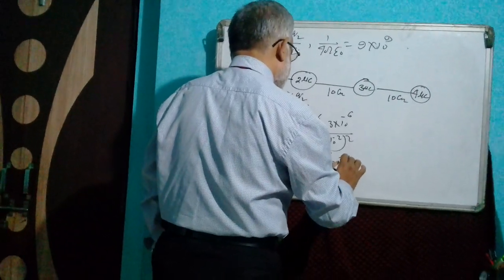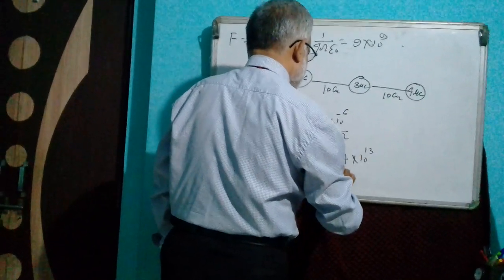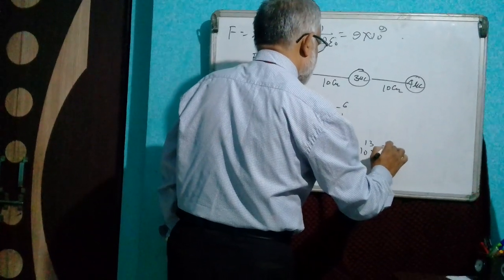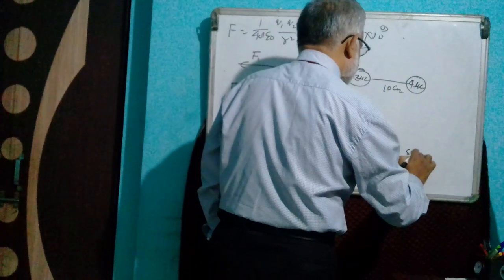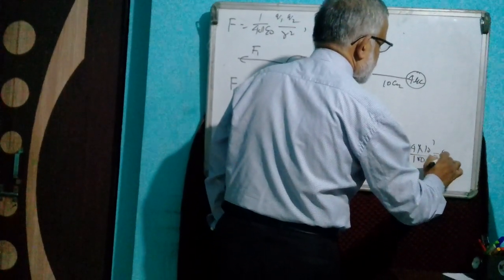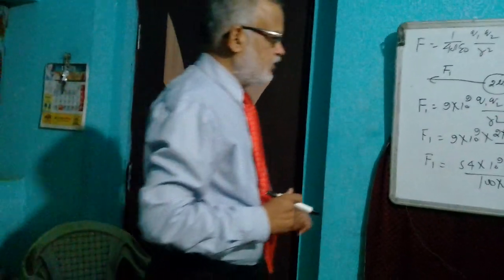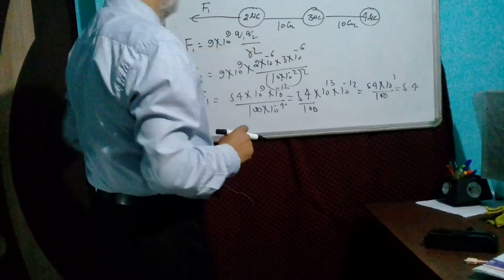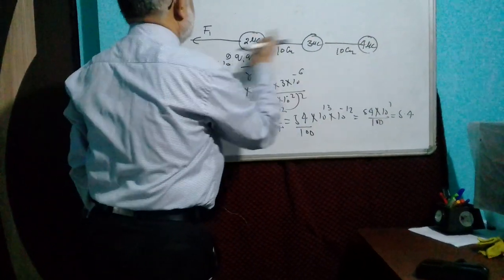Therefore, 54 into 10 power 13 into 10 power minus 12 upon 100, and it is 5.4 Newton.